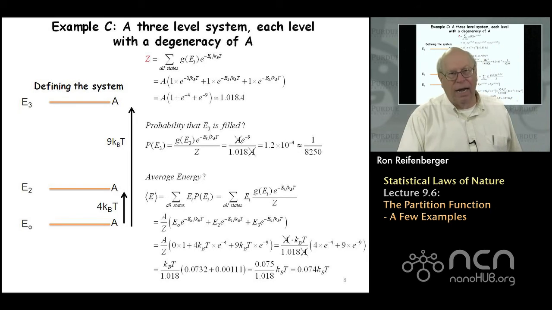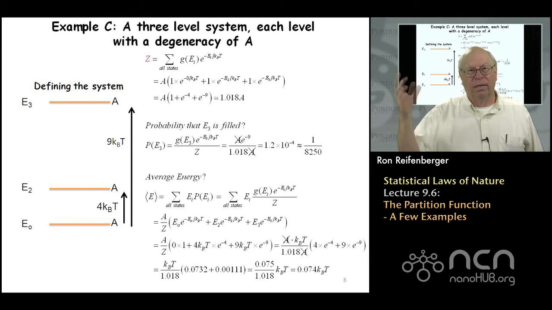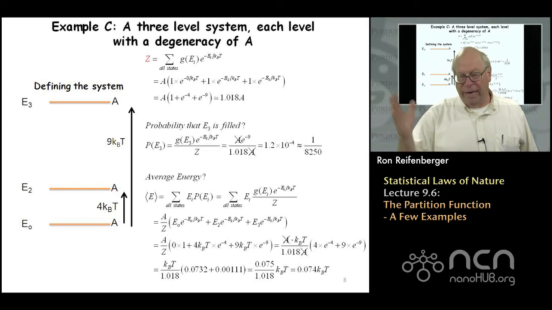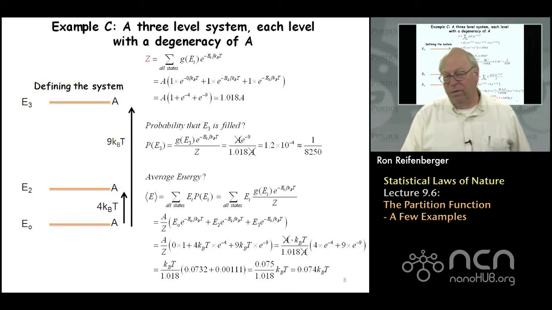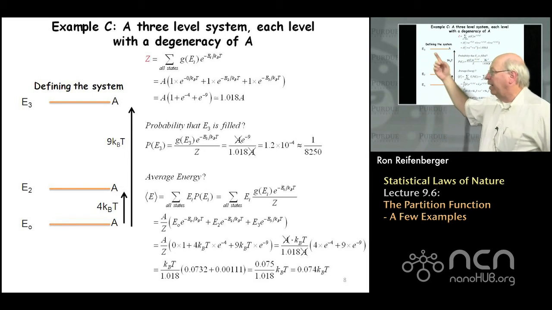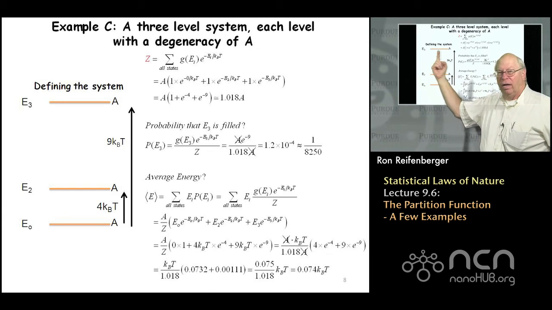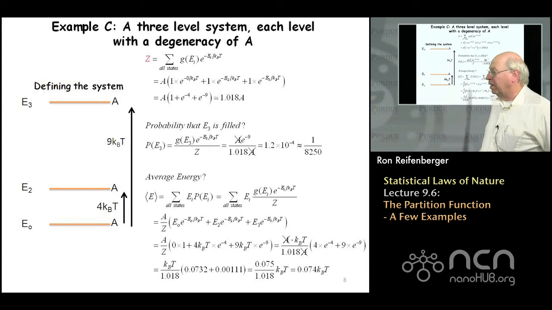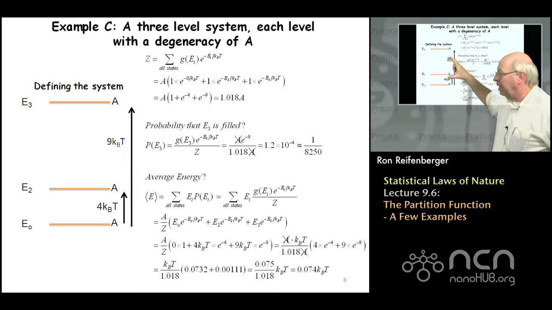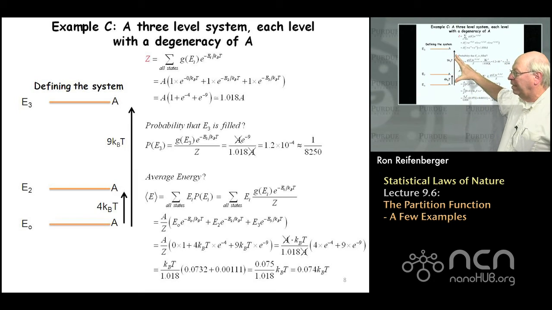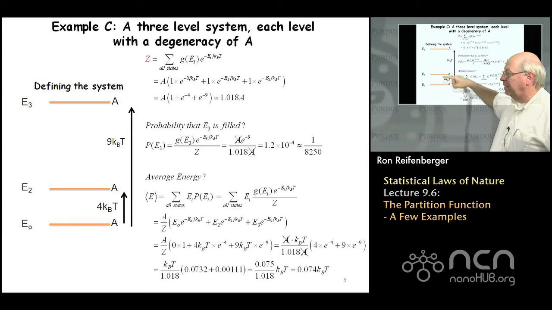That would mean that I would have to sample this system roughly 8,250 times before I would actually find one particle that's in this energy level E3. It's very low probability, and that's just a reflection of the fact that the thermal energy that the particles have is small compared to this 9 kT separation in energy.